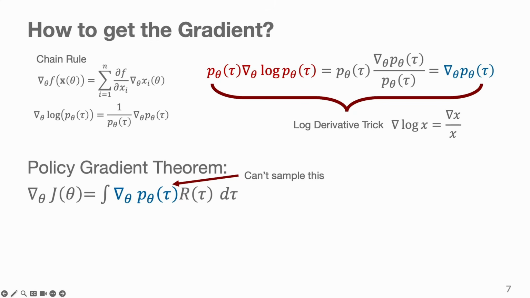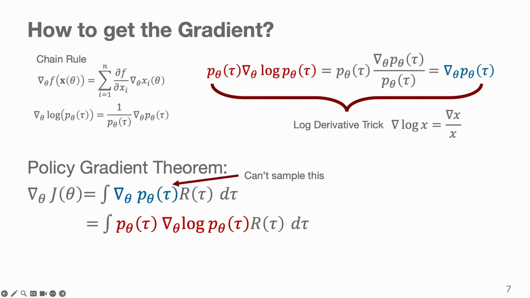Now you can substitute this grad theta of pi theta of tau, the blue part, back into our original formula, and this starts to become a bit more useful. Now we can write this as an expectation of grad log pi theta of tau times r of tau.